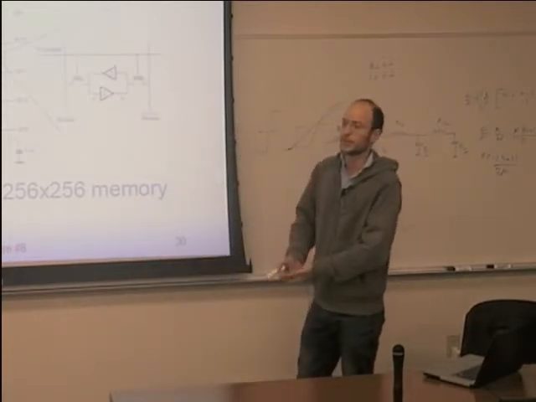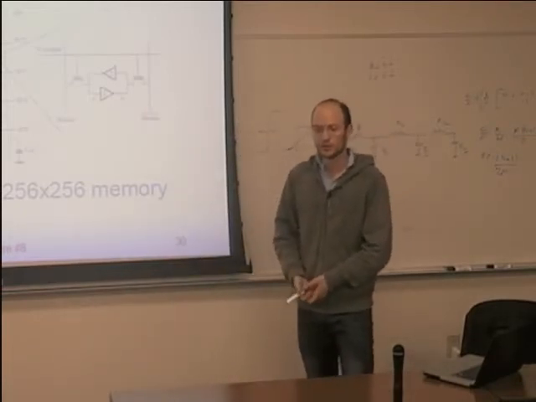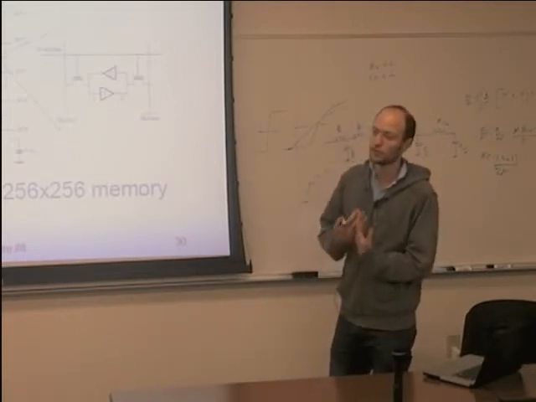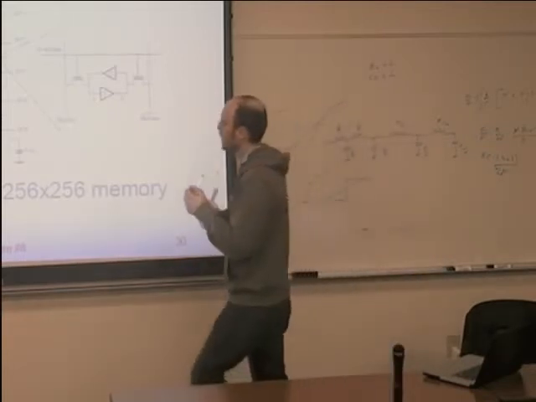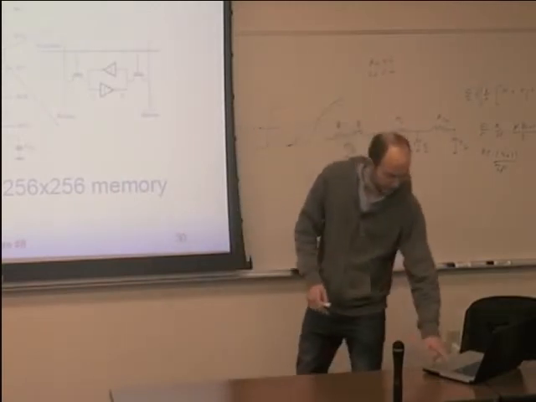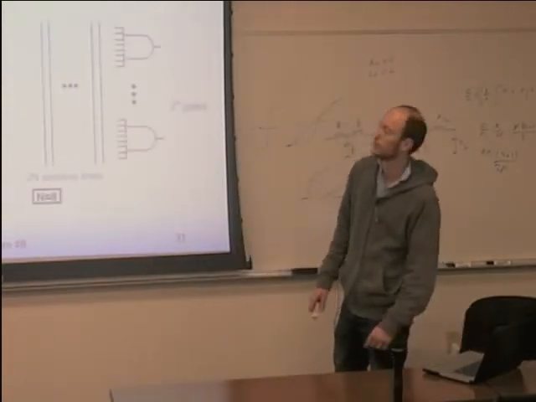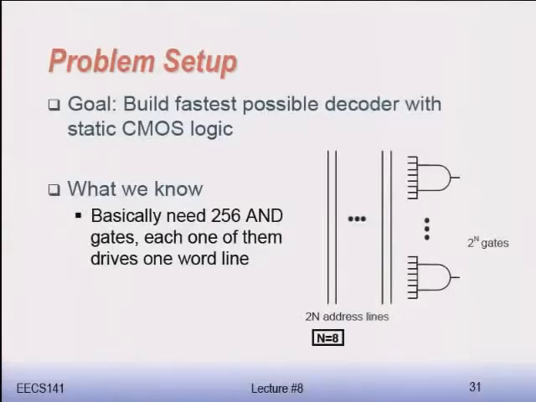Why is there a lot of branching effort in this decoder? Think about it this way: how many of these AND gates are there? It says it on the slide, 2 to the n. Why are there 2 to the n gates?